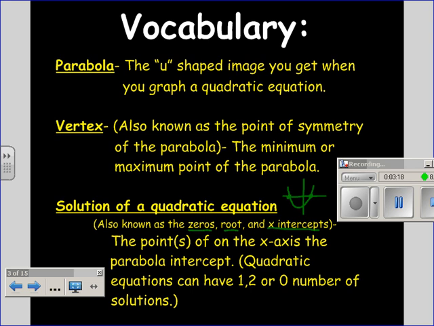A quadratic equation can have 1, 2, or 0 solutions. If an equation has only one solution, that means its vertex has fallen on the x-intercept. If it has 0, it would mean that the parabola is either above the x-axis or below the x-axis.